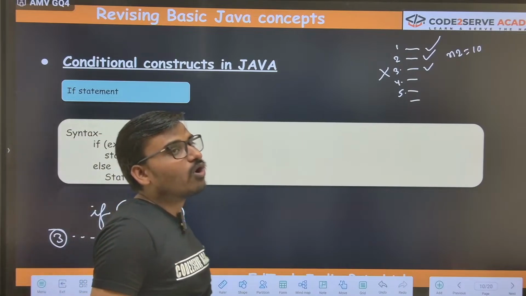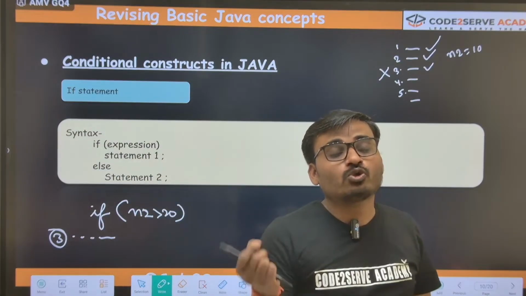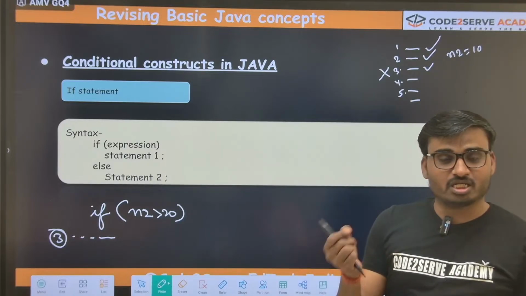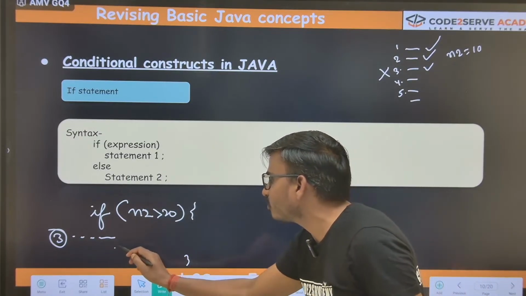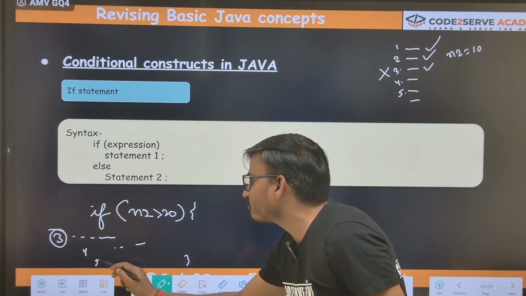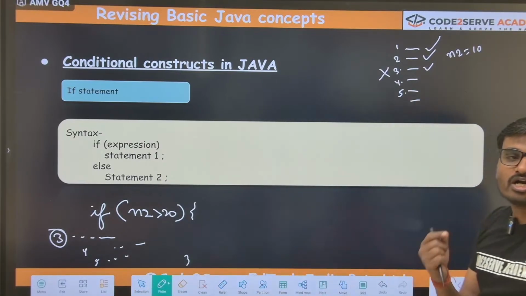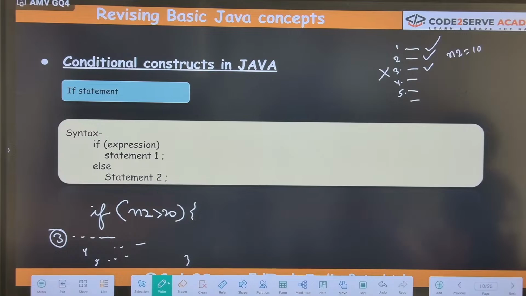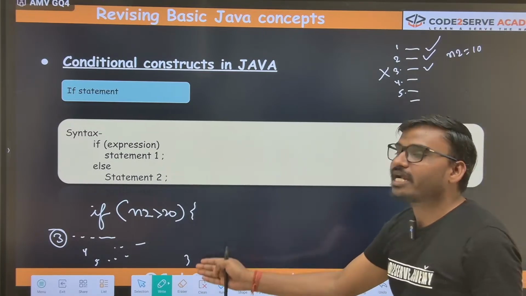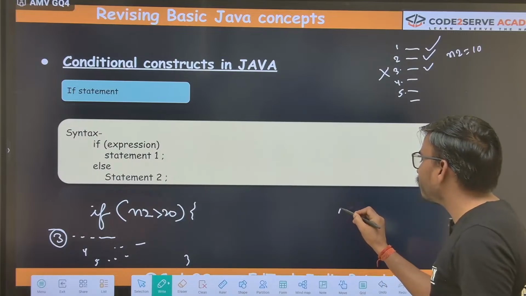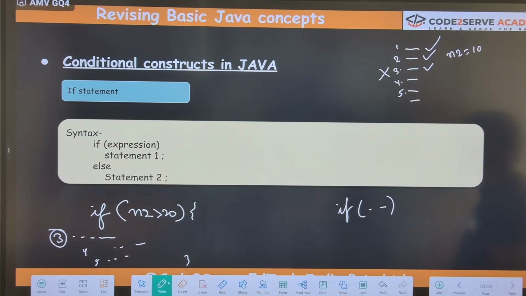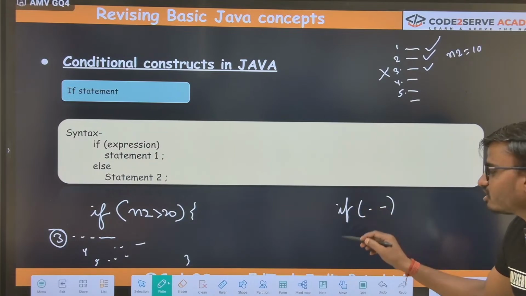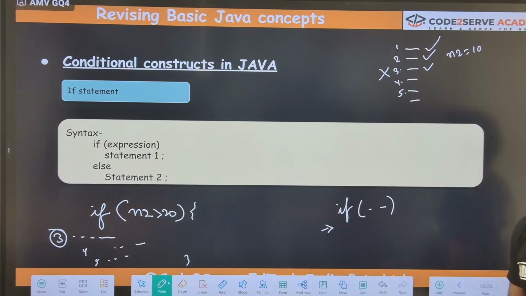So if you want multiple lines to be executed based on the condition, then you need to give curly braces. Then you can write multiple lines, suppose line number 4, line number 5. If you want to apply a condition to only one line, then you don't need to write the curly braces. Suppose you write if and whatever condition without the curly braces, that means this if condition is applied to the immediate next line only.